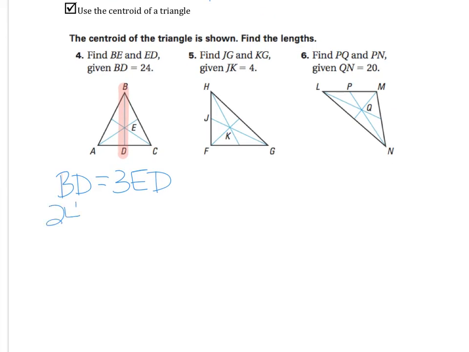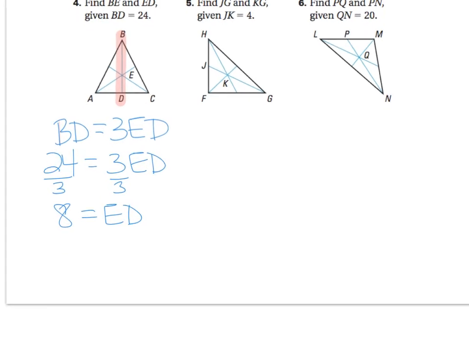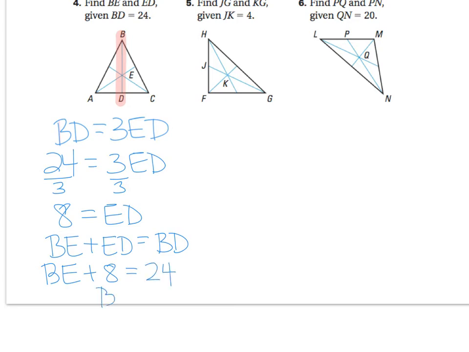So 24 equals 3 times the short. So 8 is the shorter piece. The longer piece plus the shorter piece equals the whole median. So BE plus 8 equals 24. Subtract 8 and you get 16.